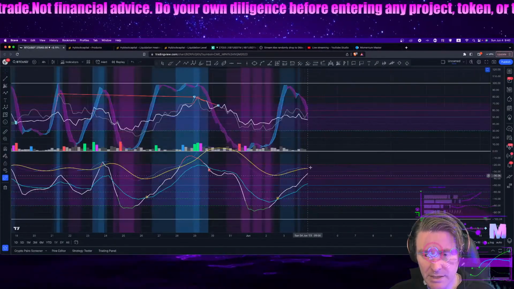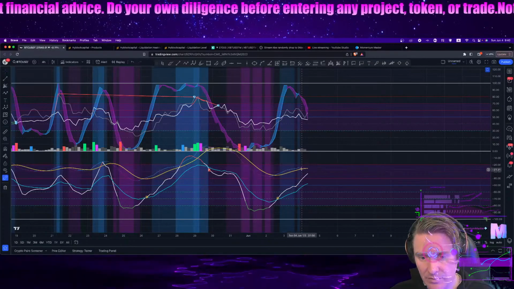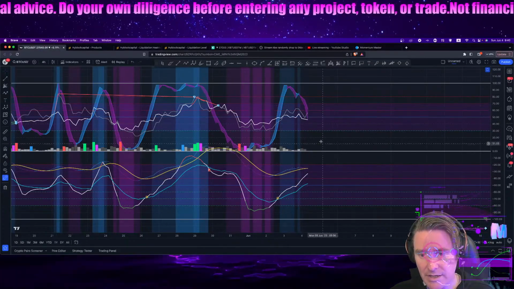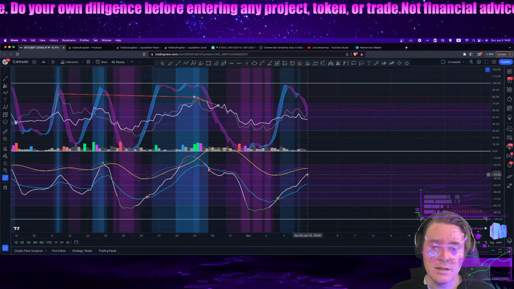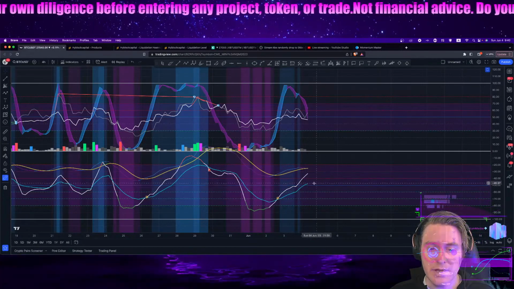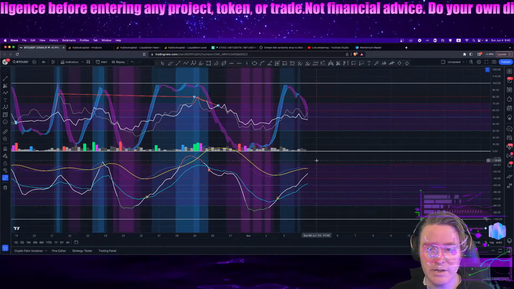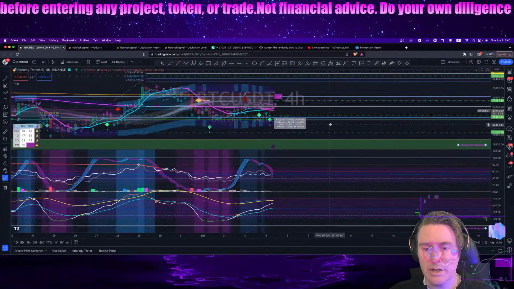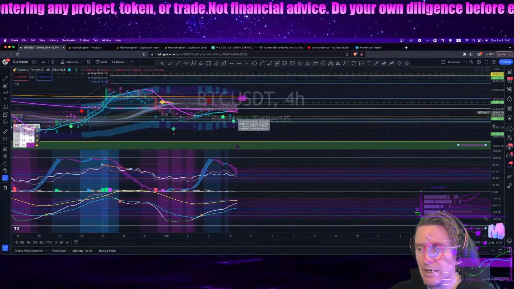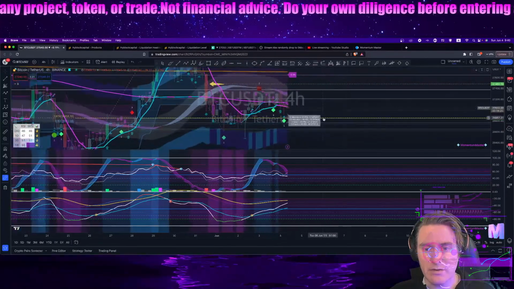The leading MACD has crossed down on the 4-hour time frame, so this could reset in full now, and the Williams could just hang out here at the 50 level on the 4-hour time frame. So you're at a kind of range bound trading scenario right now.